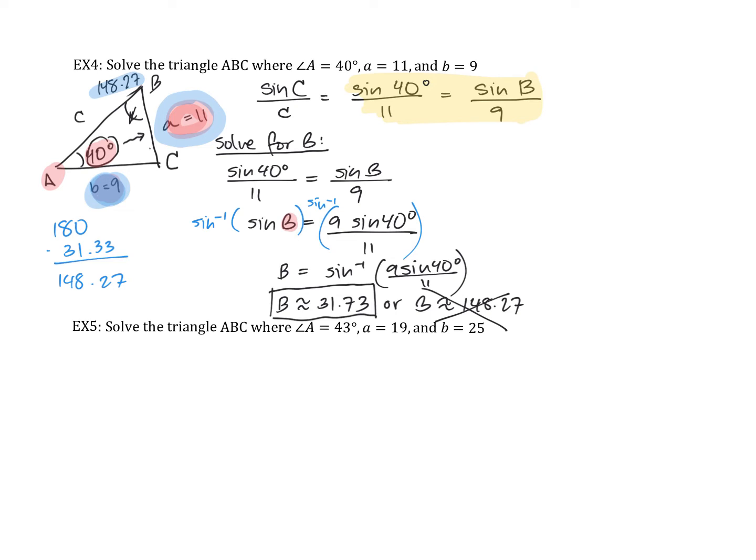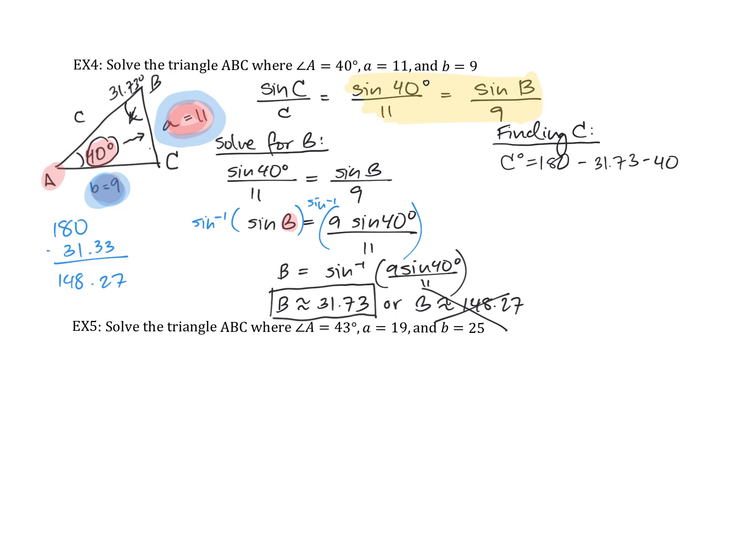We can do that because we have the other two angles. So let me go ahead and plug that in. We have 31.73 for angle B. So finding C, that's going to be 180 minus the 31.73 and minus the other angle, which is 40 degrees.